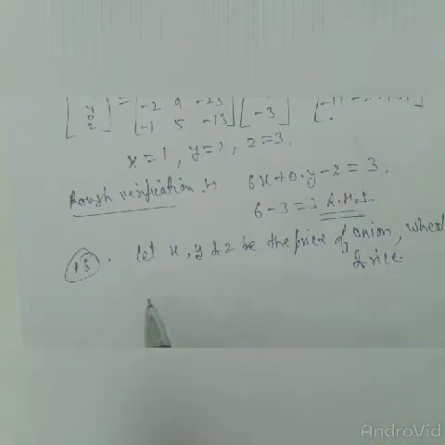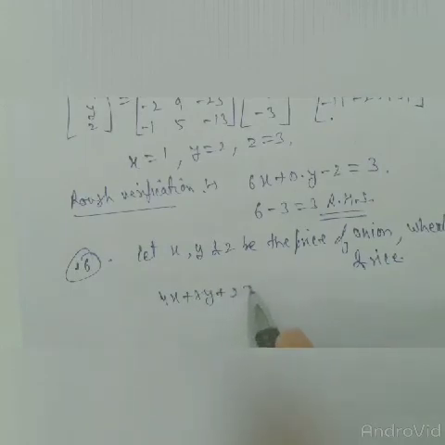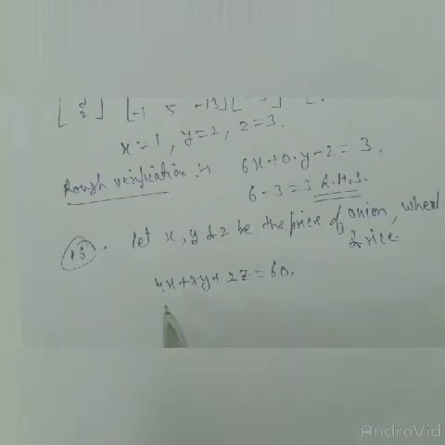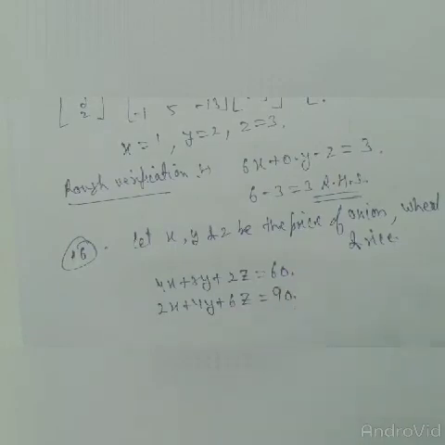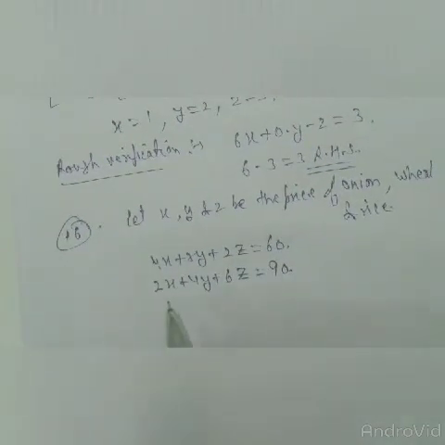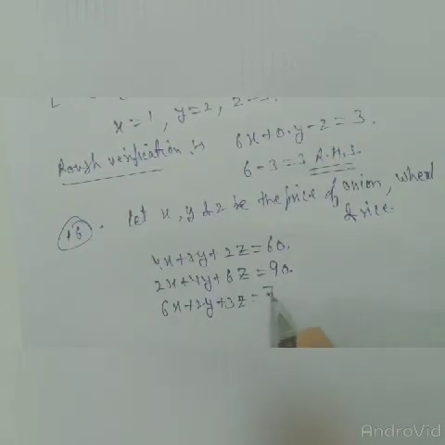According to the first condition, 4x plus 3y plus 2z equals 60. According to the second, 2x plus 4y plus 6z equals 90. And according to the third, 6x plus 2y plus 3z equals 70.